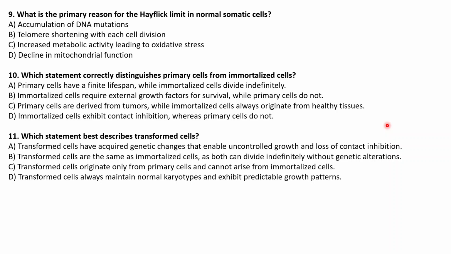You can have aneuploidy, you can have all sorts of chromosomal abnormalities, and it's very common in cell cultures. If you were to sit down and karyotype all the cells in your culture of say some tumor cell like HeLa cell or something, you would definitely see some abnormal karyotypes. And they don't exhibit predictable growth patterns because they don't have contact inhibition, and so they just grow like crazy.